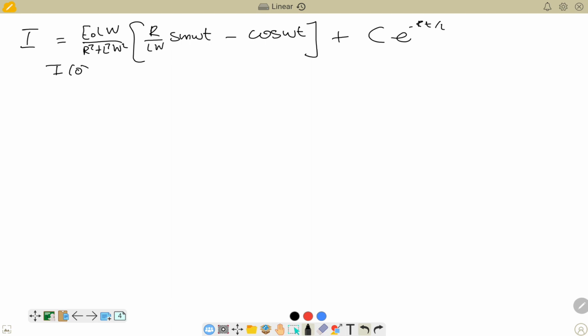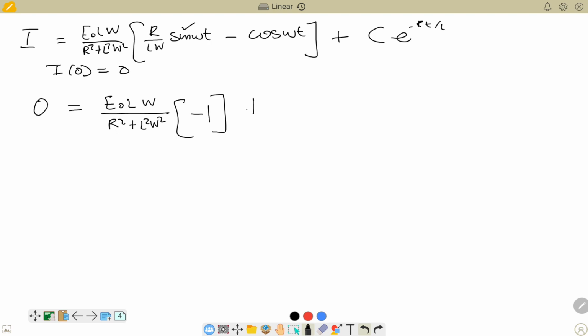So with this initial condition here, we can solve for C. If we put 0 in the place of I, we will have E naught LW over R square plus L square W square. When we plug 0 in the place of sine, it's going to be 0. When we plug 0 in the place of t in cos, cos 0 is 1, and with the negative, it's going to be negative 1.